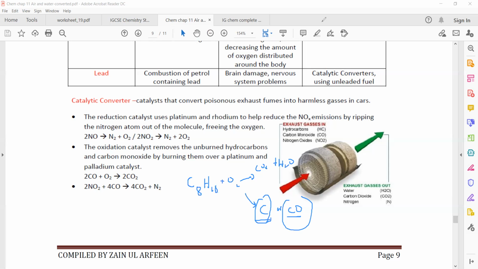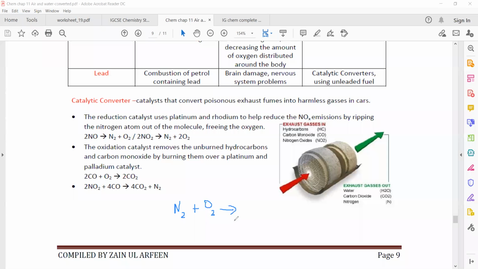The engine also releases oxides of nitrogen. So how do oxides of nitrogen form? The fuel does not contain nitrogen, but the engine is taking in air. So air contains nitrogen and oxygen. Due to the high temperature or the presence of the spark, a reaction between nitrogen and oxygen occurs and forms nitrogen monoxide.